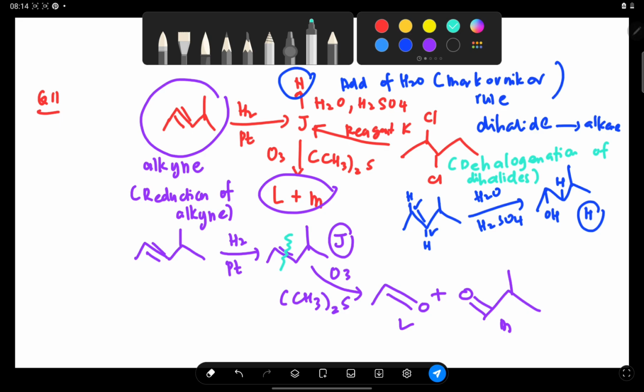The reagent is zinc. So the answer for K is zinc.